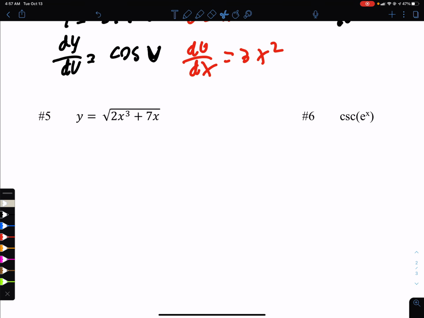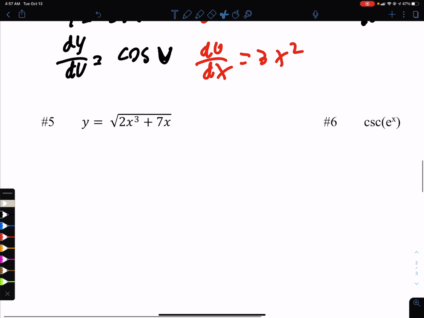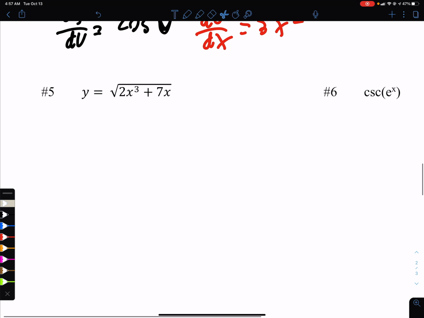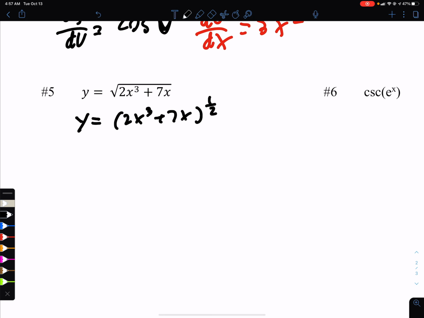All right, number 5. This one is a little weird, and you have to recognize how to rewrite this. This is 2x cubed plus 7x to the 1/2 power. Once you rewrite like that, it's pretty obvious that the inside function is that. That's going to be our u.